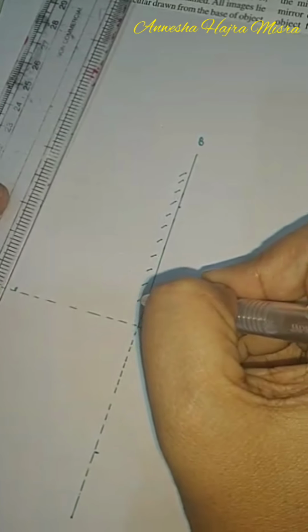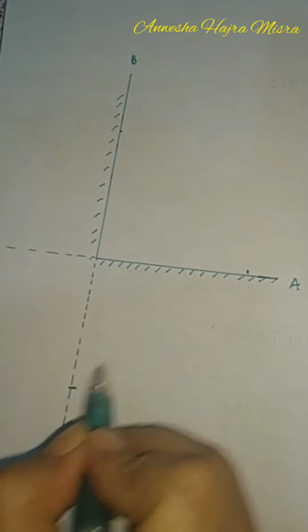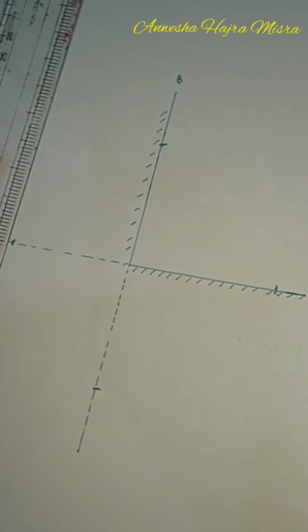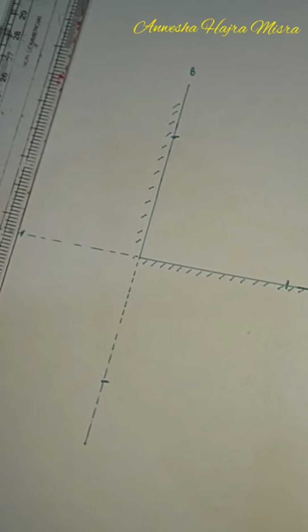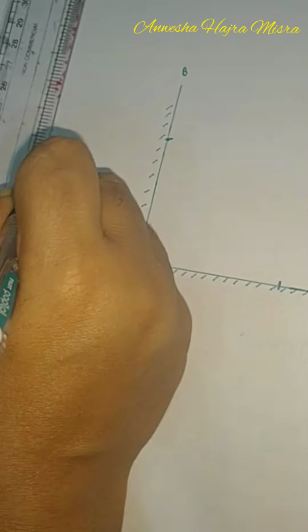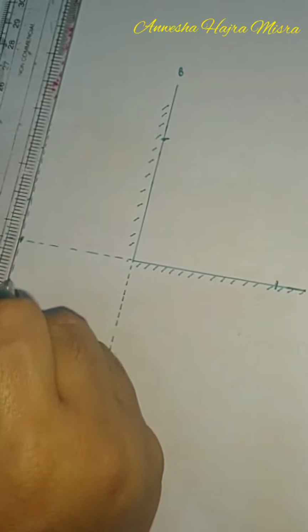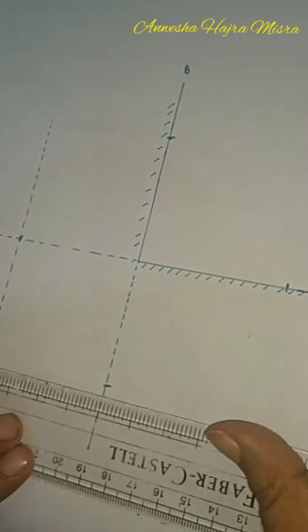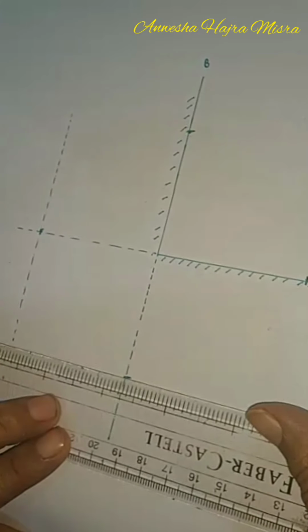Then, with a scale, you mark equal distances on the 4 points and mark with a dotted line a rectangle or a square.